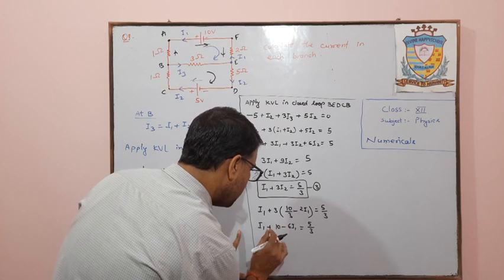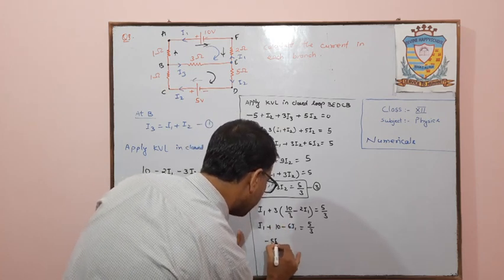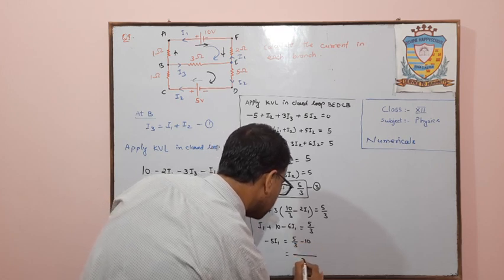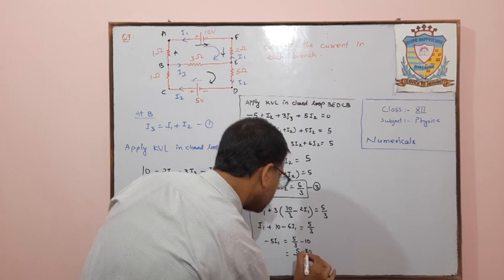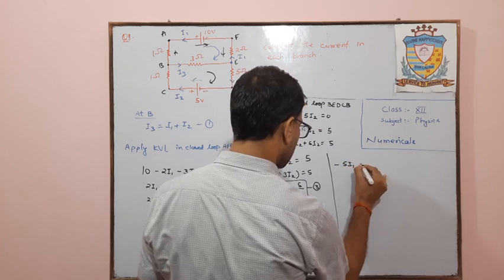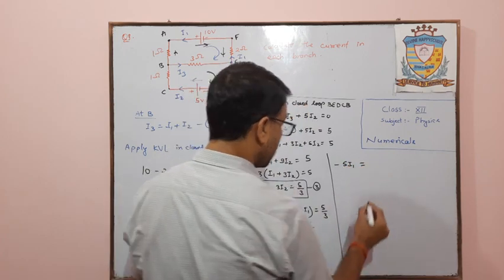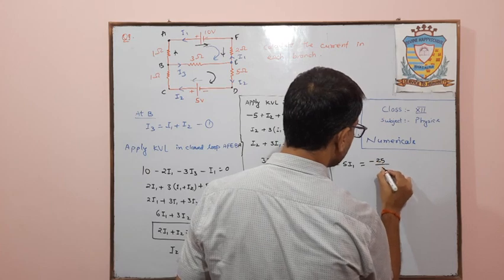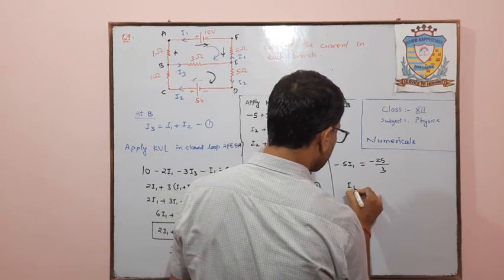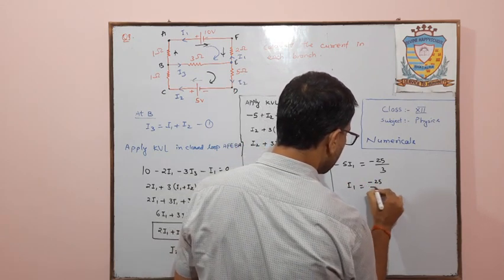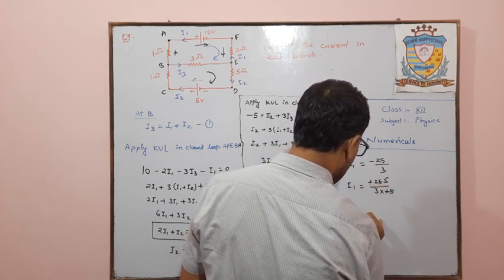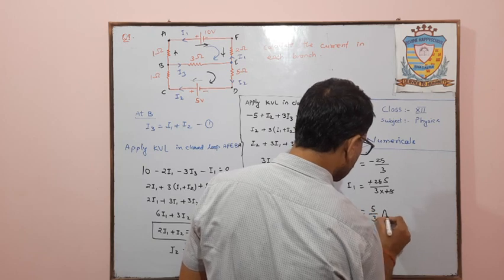Now here it becomes minus 5 I1 is equal to 5 by 3 minus 10. We'll take 3 as LCM, so 5 minus 30, or minus 5 I1 is equal to minus 25 by 3, or I1 is equal to minus 25 by 3 into minus 5, or I1 is equal to 5 by 3 ampere.